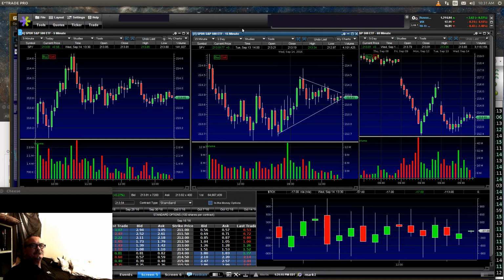Alright, trend lines. Woohoo! So this is a symmetrical triangle, and that will coil up like a spring, compress it. Larger version, of course, on the 5 minute.